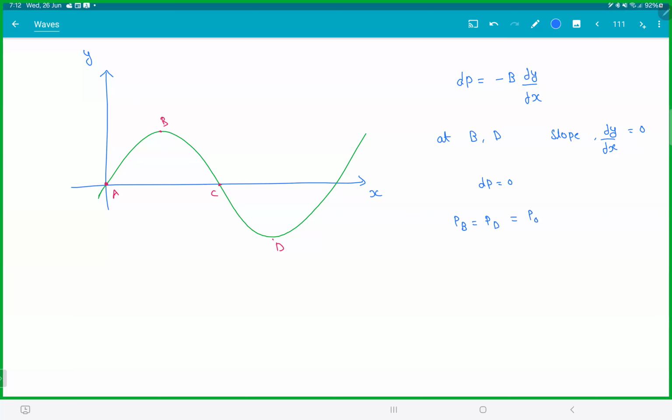Does that make sense? Pressure was not 0. Change in pressure was 0. If there was no sound wave, the pressure would have been P naught. So at B and D, there was no pressure change. Now, if you look at A, the change in pressure dP is minus bulk modulus times the slope, and the slope is maximum. This is a positive max slope.